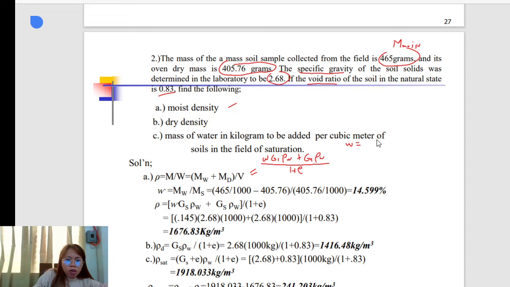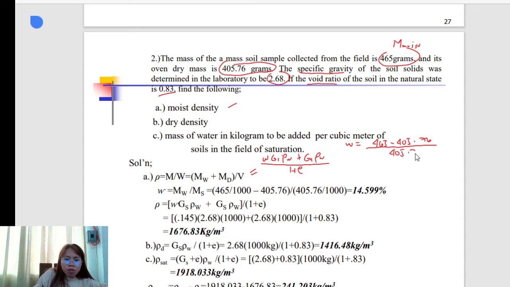That is 465 minus 405.76, divided by the mass of solid, 405.76. Right? Remember, this is the mass of water divided by the mass of solid. This is equal to 14.599%.